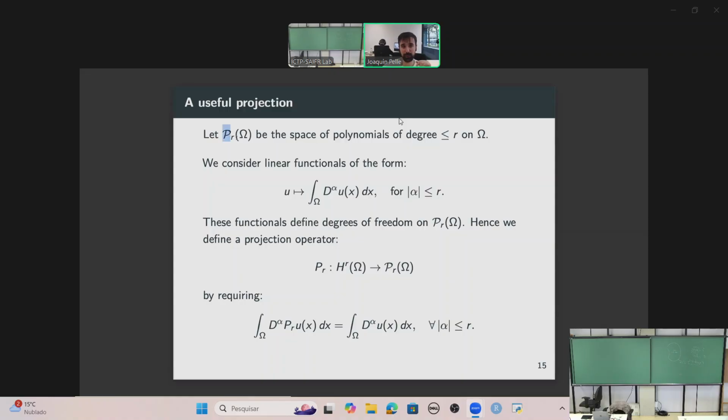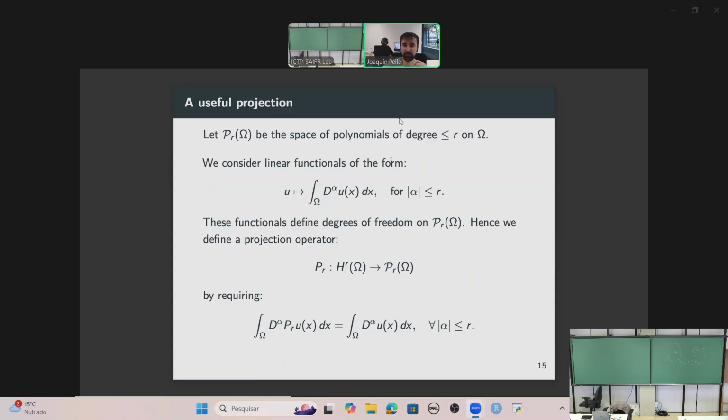So we're going to call little italic P r the space of polynomials of degree less than r on our domain omega, right? And we are going to introduce the following set of linear functionals, right? These are going to be the degrees of freedom that define our projection.